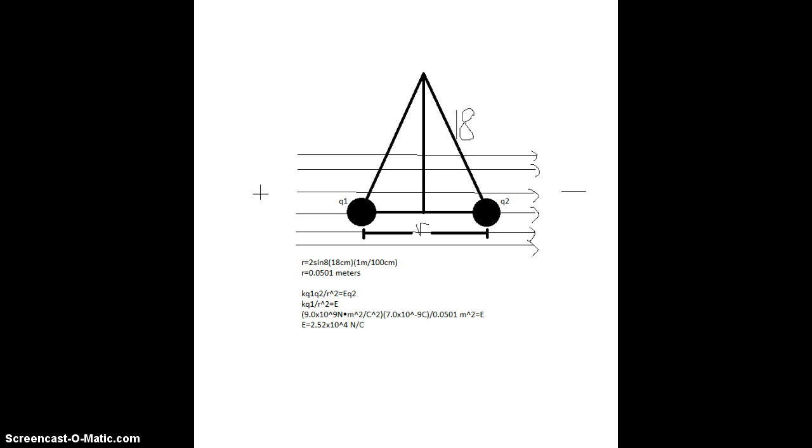So you just plug in all the values: for k, 9.0 times 10 to the 9th newton meter squared per coulomb squared, times 7 times 10 to the negative 9th coulombs of Q1, divided by 0.0501 meters squared. The quantity 0.0501 meters squared for the radius, and then you get E is equal to 2.52 times 10 to the 4th newtons per coulomb.